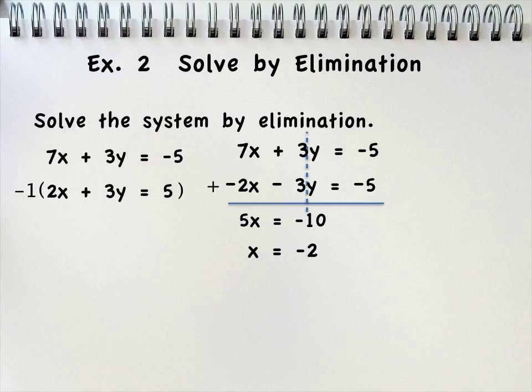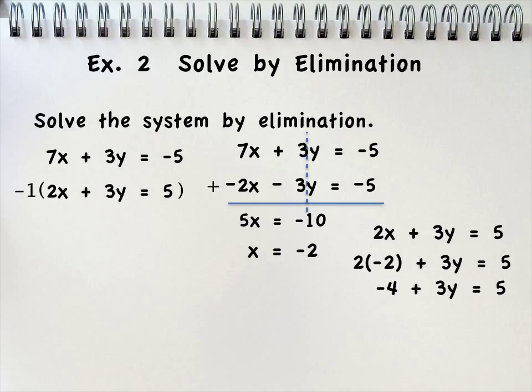Now I can substitute that value for x into either equation. I'll choose the bottom one. So 2 times -2 plus 3y equals 5. Now I simplify this equation and solve for y. y equals 3.